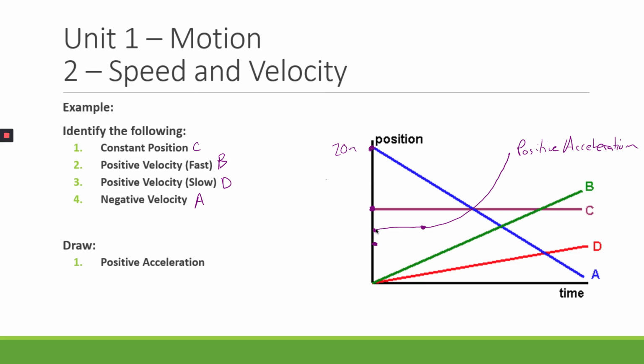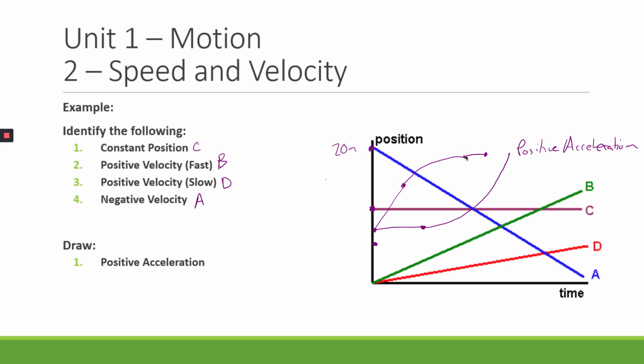Why not? Say you're going quite fast. We have a steep slope. That means I have a high velocity. And negative acceleration would be slowing down, correct? So we need our slope to mellow out. You need your slope to mellow out over time until here, and here would be a stop, right?